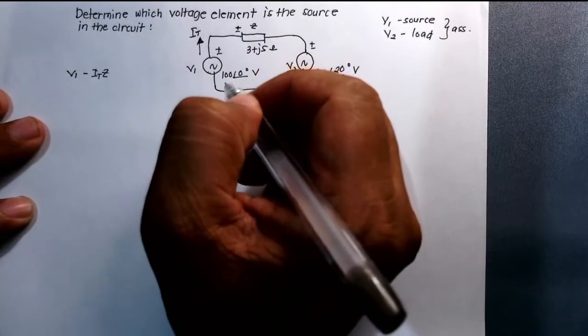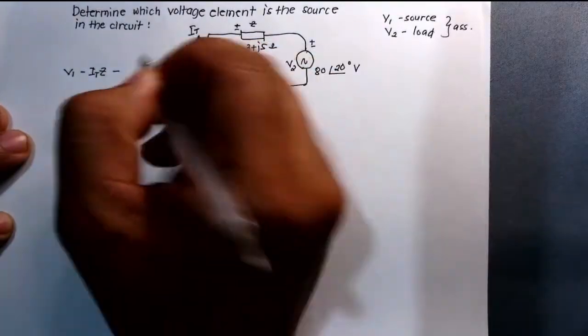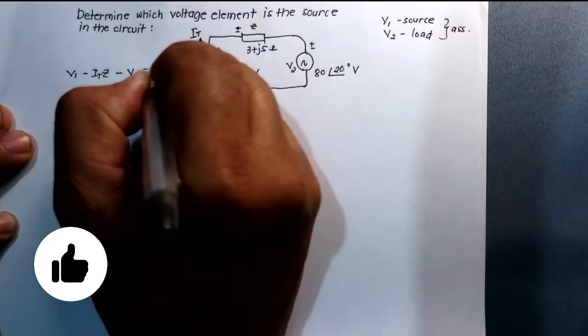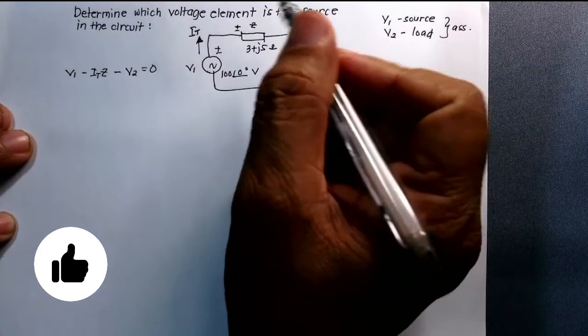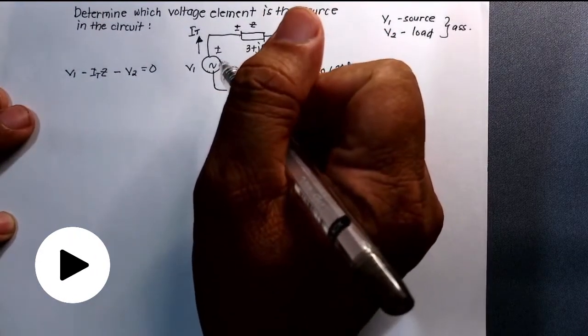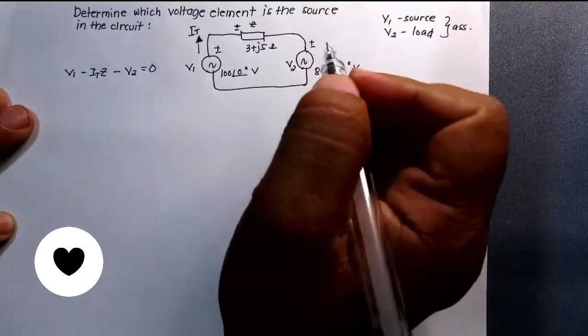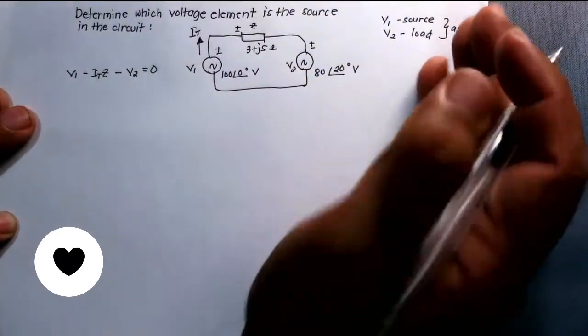So this will be negative B sub 2, and this is equal to 0. You can also make the voltage rise negative or the voltage drop negative. Just be consistent, and it will give you the same answer.